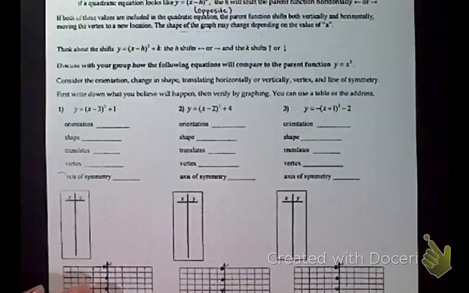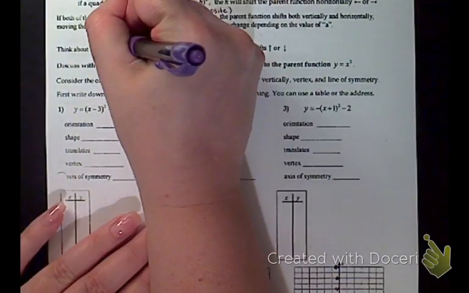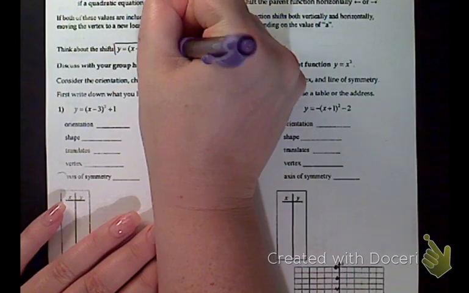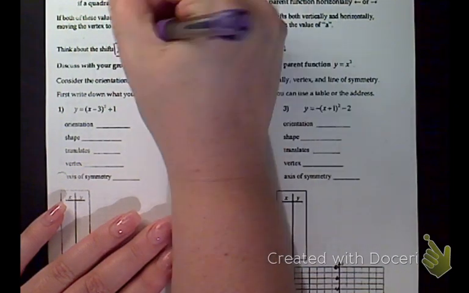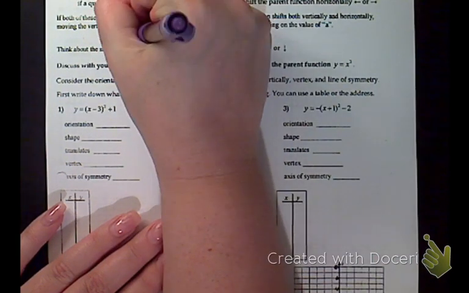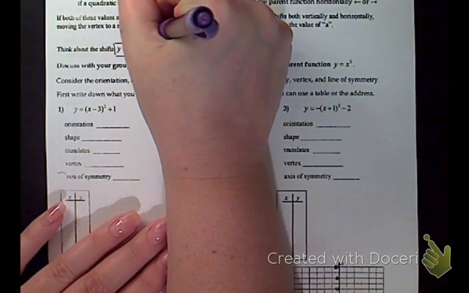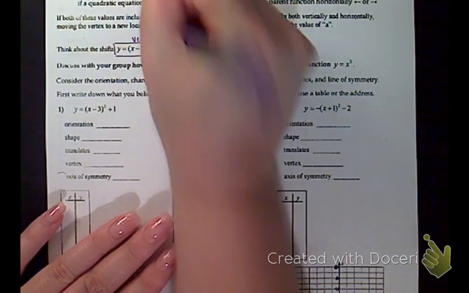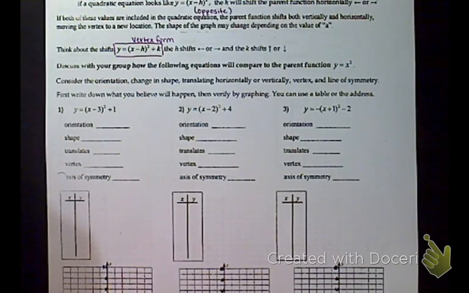Okay, in the last video, we also talked about vertex form. So this is vertex form, and we're going to be graphing in vertex form all week. So we want to make sure we understand vertex form.